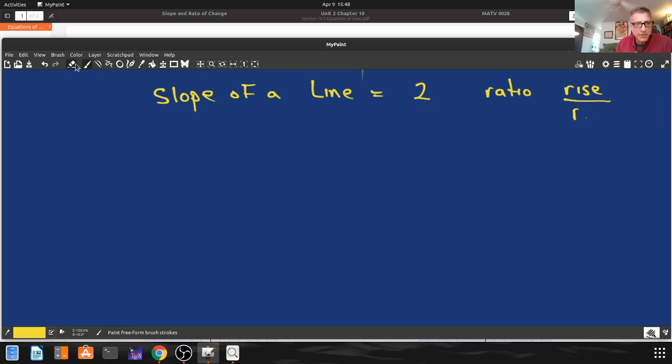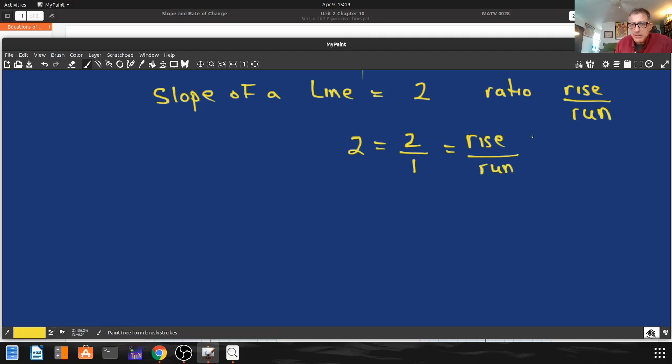So let's do that for a few examples. Rise over run. If the slope of a line is 2, then 2 is the same as 2 divided by 1. That is the rise over the run.